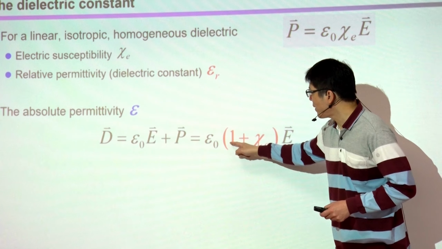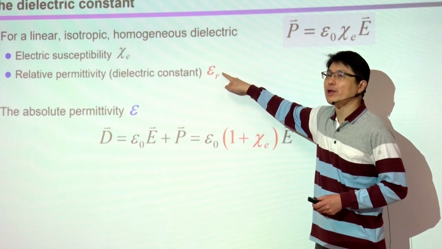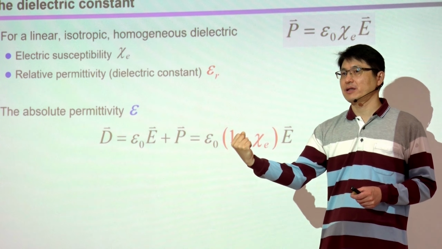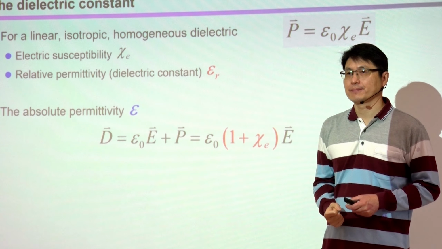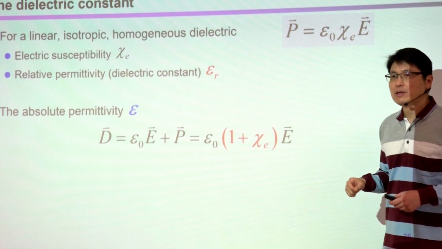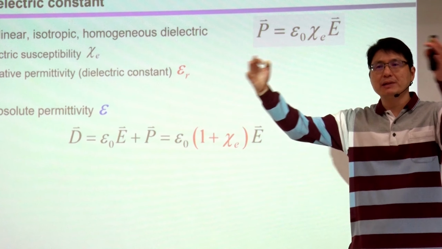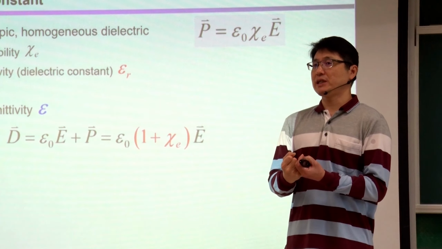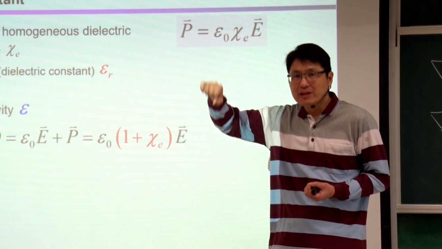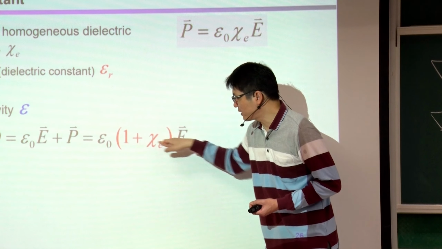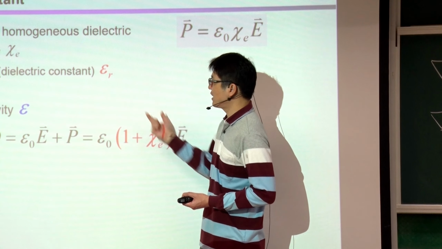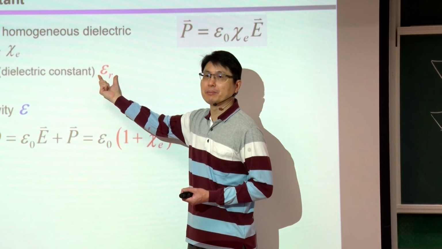And we call this 1 plus chi E the relative permittivity of that given dielectric material. Right? So this is very easy. For any given material, somebody measured its capability of generating induced electric dipole, and that is quantified by this chi E value. Or together, 1 plus chi E is this relative permittivity.